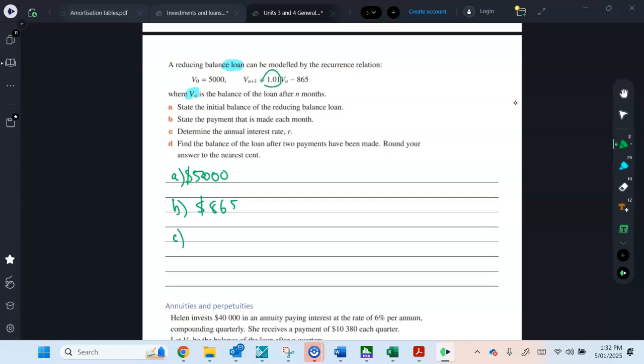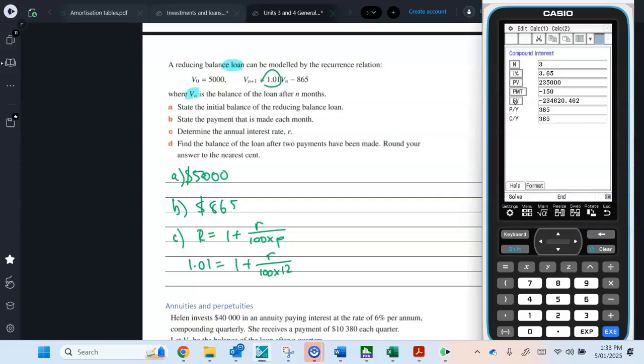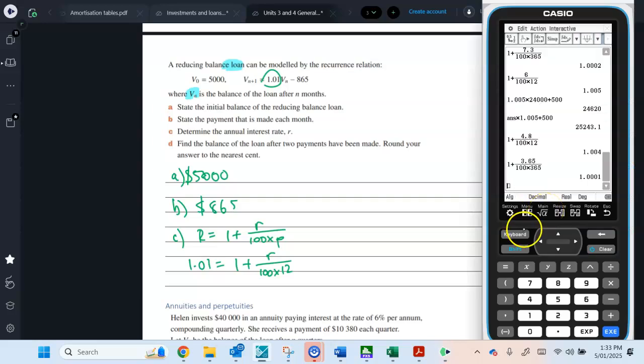If we want lowercase r, our annual interest rate, we're going to use the formula for R, capital R, and substitute everything in. So R is 1.01. Lowercase r is what we're calculating, and P is months, so 100 times 12. You can do that by hand, but we can also use solve.